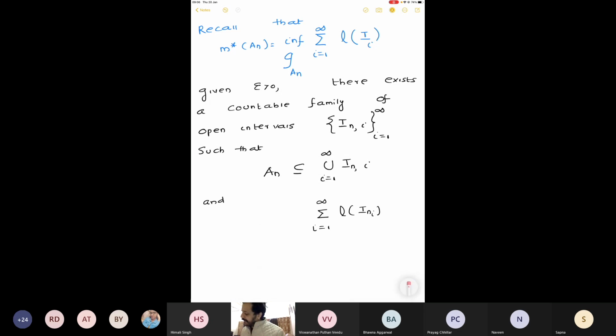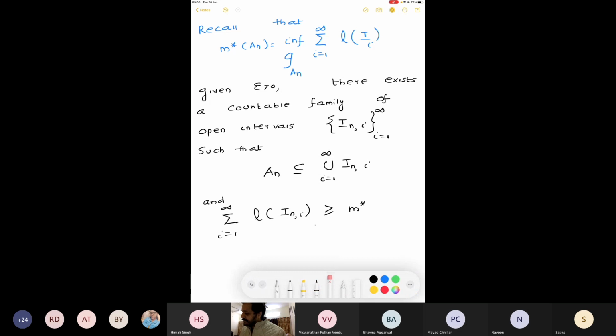I'm applying the definition of infimum. So nothing greater than m star of A_n can be a lower bound. And the summation over i from 1 to infinity of the length of I_{n,i} is less than or equal to m star of A_n plus something, which I take as epsilon by 2 power n.